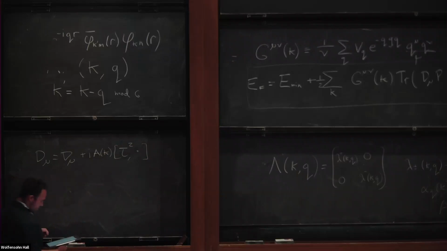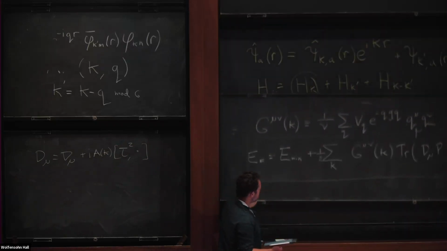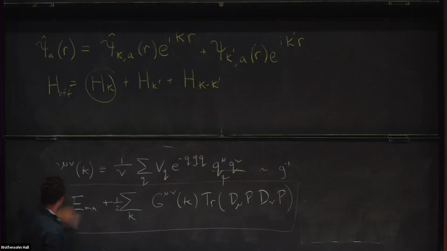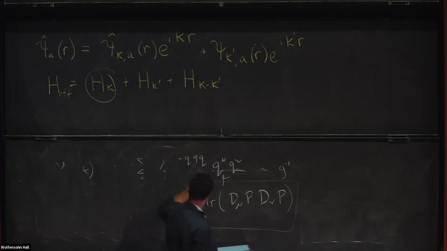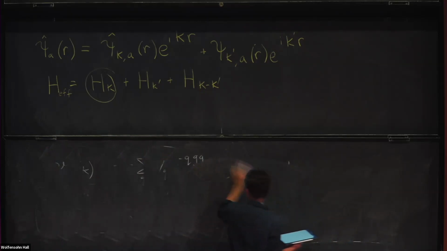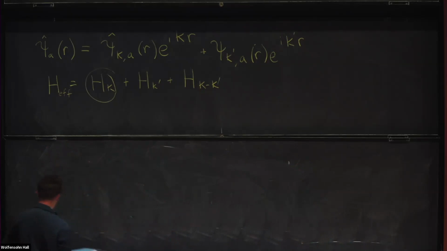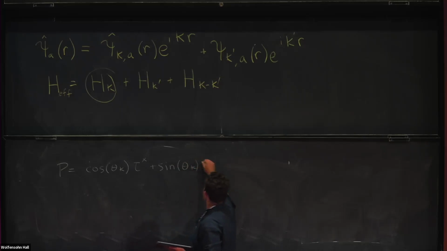Okay, so this now leads to a kind of cool result. Let me say, for the moment, let's assume that it is intervalley coherent. And I'll probably have to cut this lecture short. So let's assume that the form of P is entirely intervalley coherent. What that's basically saying is that the projector P is going to be equal to some cos theta k tau x plus sine theta k tau y, if I assume the projector is pure intervalley coherence.